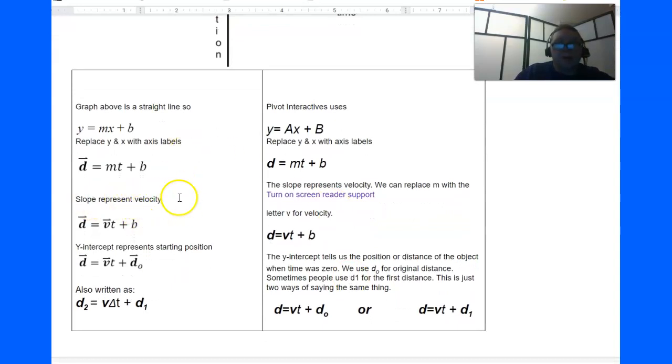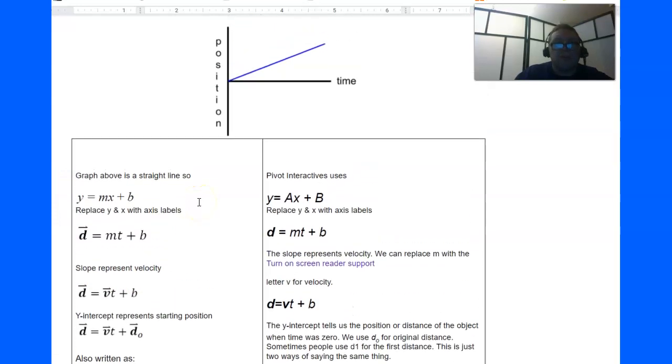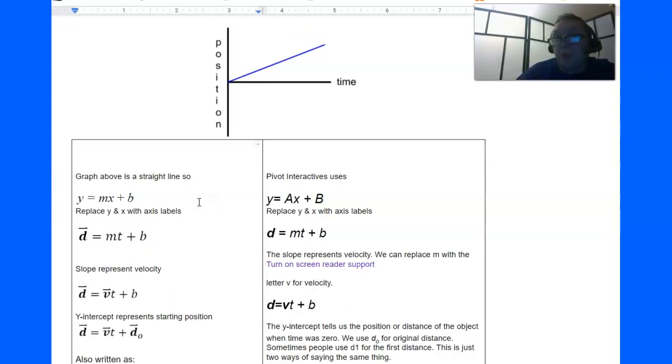Now the slope represents the velocity of this graph. That's the big physics thing that we get from this lab. The slope, or the steepness of this graph, tells us how fast we're going and which direction we're going. So the steeper that line is, the faster we're going.